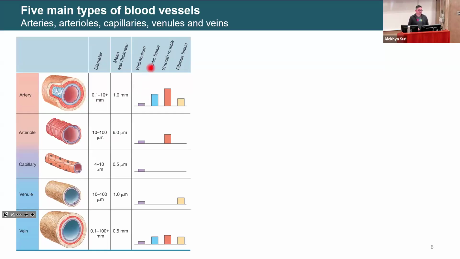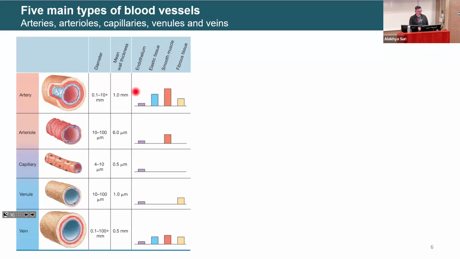So there are basically 4 types of tissue, from deeper to superficial, so that's from inside towards the outside. All of them have an innermost layer of endothelium, which is indicated by that innermost layer of purple cells in the cartoon.